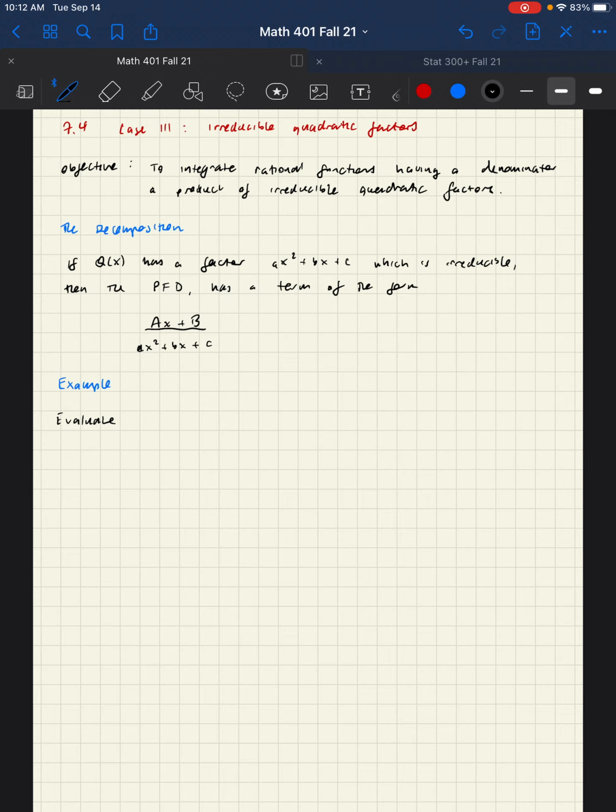So we're going to evaluate the integral of x squared minus 29x plus 5 all over x minus 4 squared times x squared plus 3 dx.